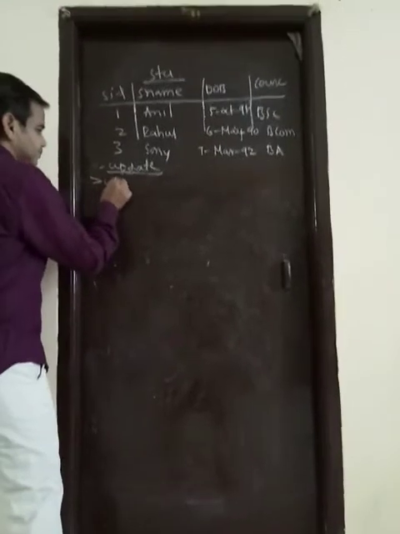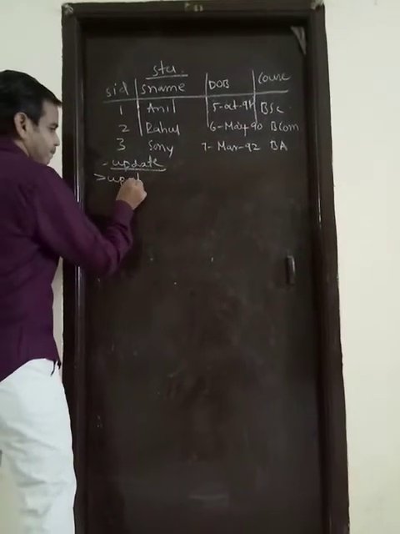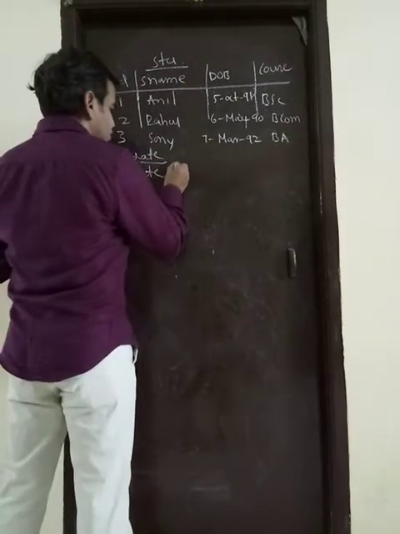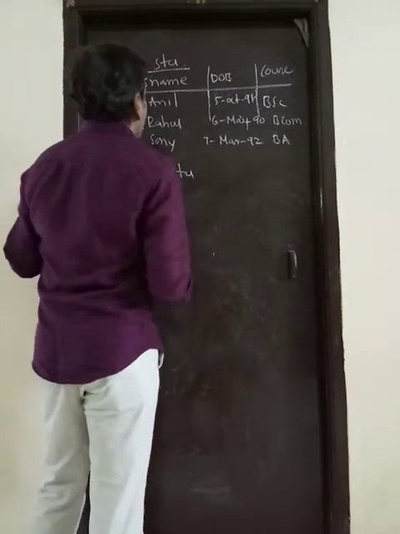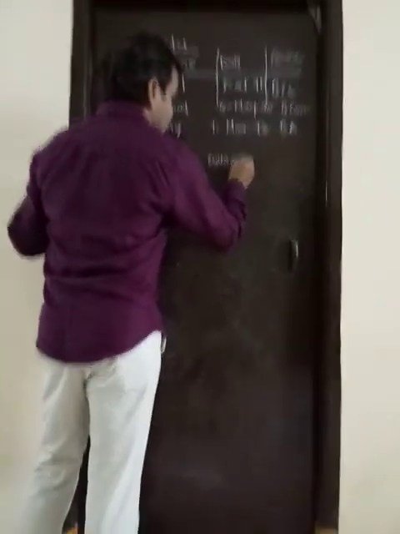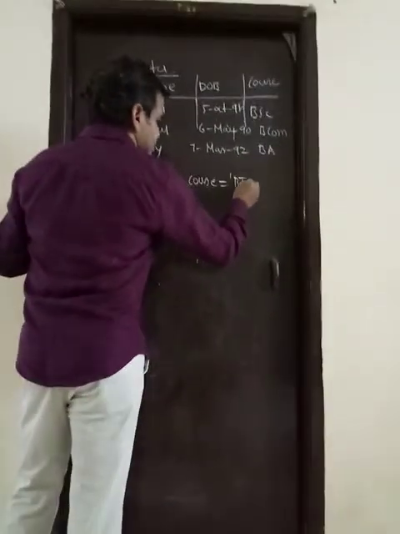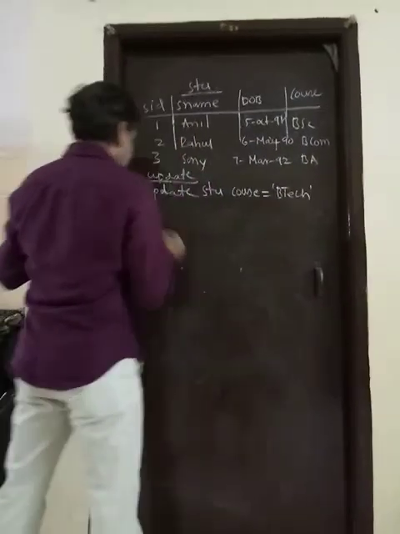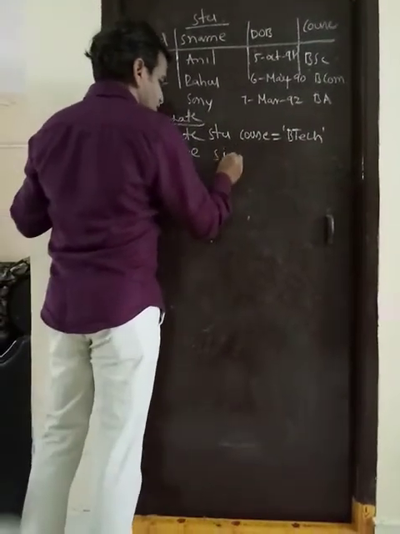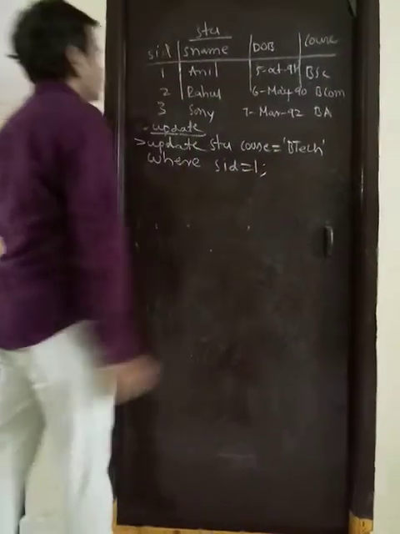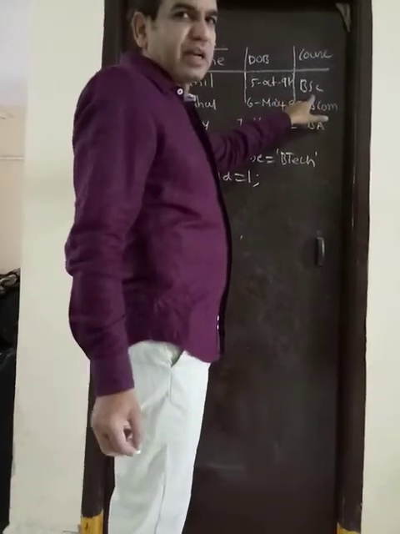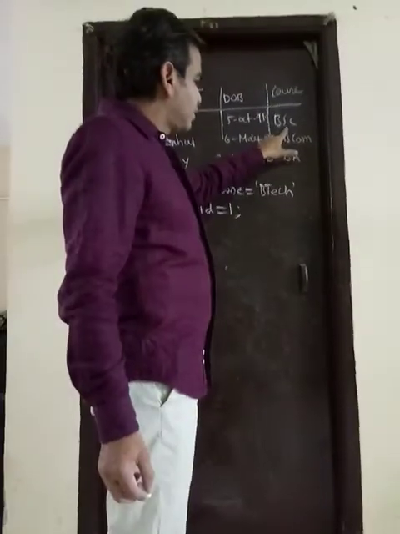So update table is student, and course is equal to BTech. I am specifying BTech. Where student ID is equal to 1. That 1 actually contains BSc. BSc will be updated as BTech.